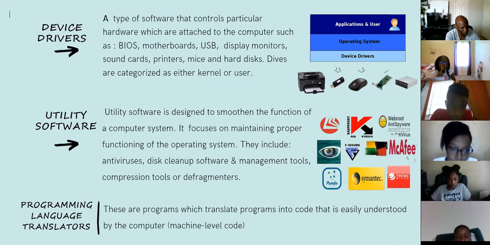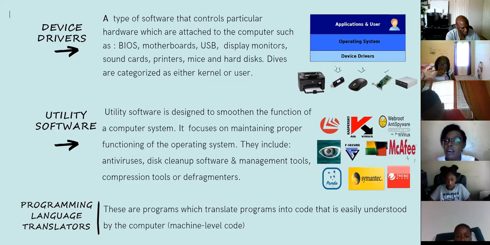The other software are utility software. Examples of utility software are antivirus software, compression software, or defragmentation. Defragmentation is a big word, but it basically means subdividing into fragments, small pieces. Sometimes you might want to subdivide your hard drive into parts, or you're always told to keep your computer safe by having an antivirus.